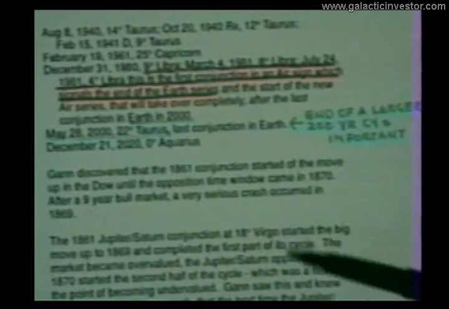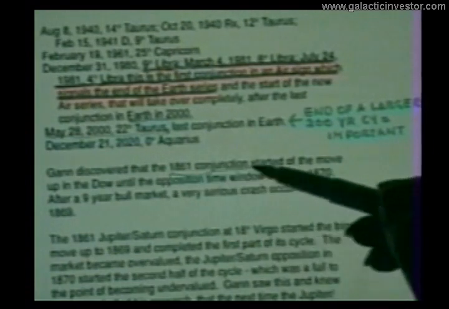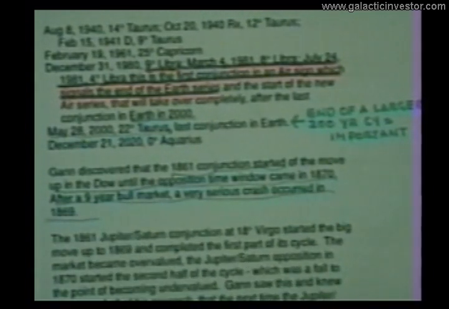Anyway, Jeanne discovered that the 1861 conjunction was the start of the move up in the Dow, and when the time window came in the 1870 period, after a 9-year bull market, we had a very serious crash, and the crash occurred in 1869. So he had a 9-year up period with a horrendous crash, and 60 years from this date was the 1929 crash.